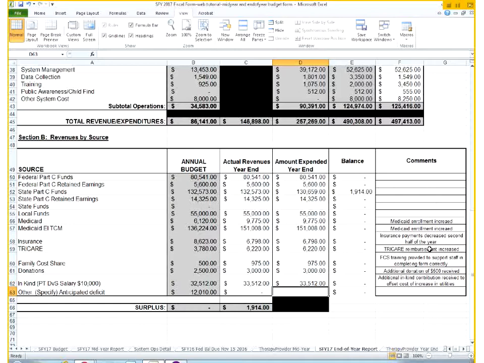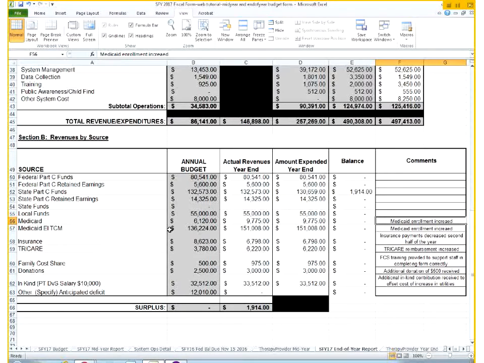And lastly, in the comments, you can notice here just from an overall view that Medicaid, we anticipate $6,000. We brought in close to $10,000. Why is that? That's okay, that happens. Utilize that comment box to just give a brief summary of a comment about why there were differences in that number.